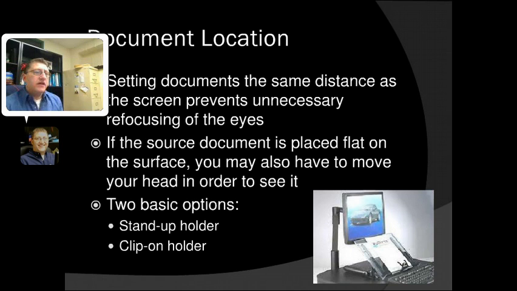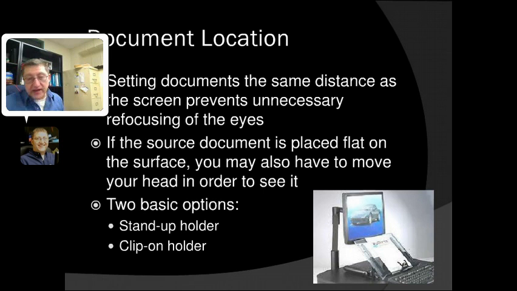Those kinds of things. If you are going to need to refer to a document regularly throughout your computer use, you don't want that document to be placed so that your eyes have to be craned back and forth and refocusing. It's the focusing far away, close up, far away, close up. That change in eye focus does cause fatigue.